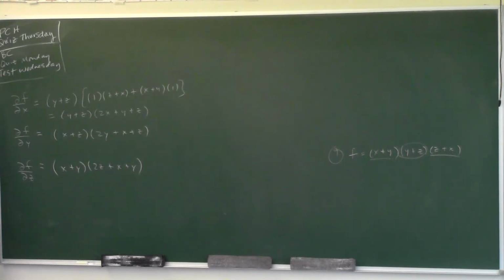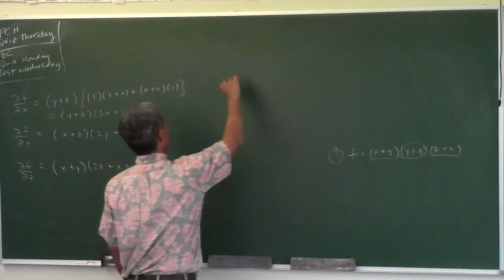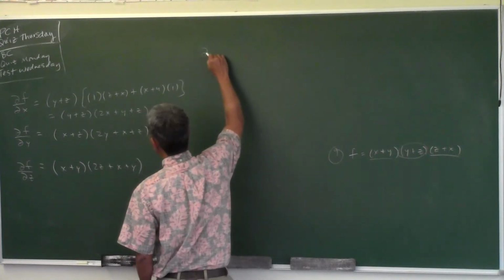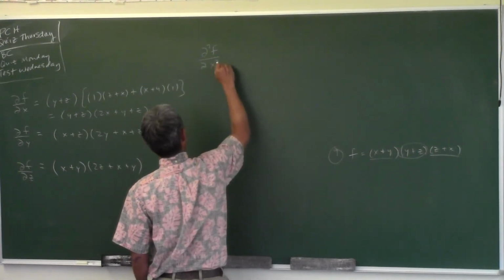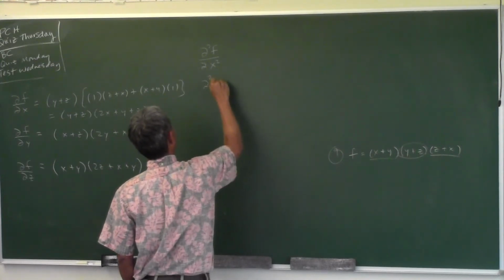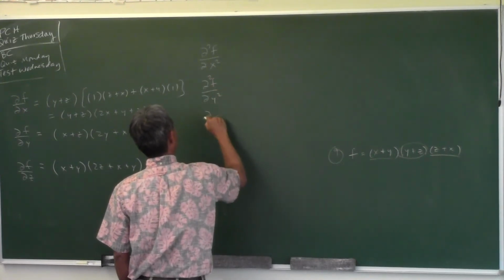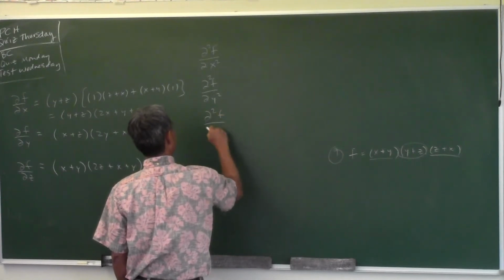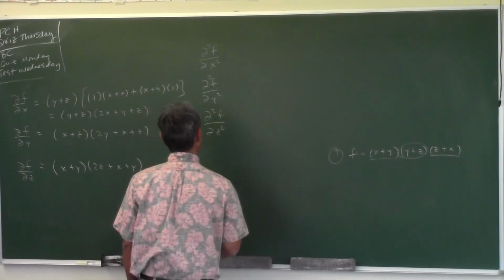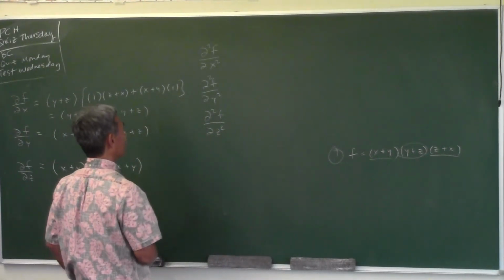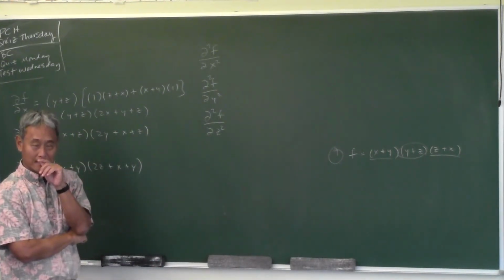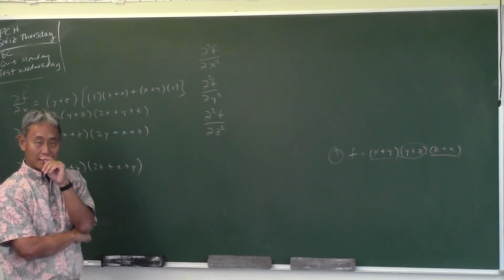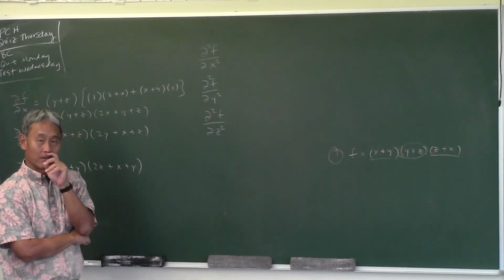Now we're going to do the second partials. So the second partial of f with respect to x, the second partial of f with respect to y, the second partial of f with respect to z. What about the other ones though? They'll all be the same pattern.